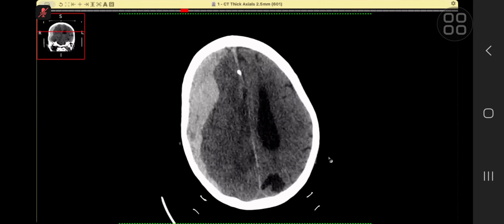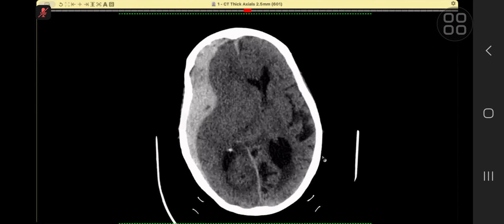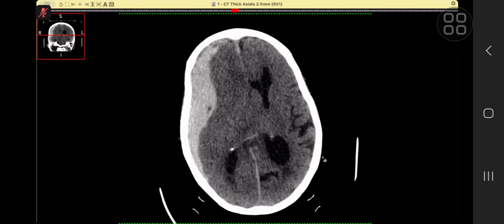This mass lesion is causing loss of the sulci and gyri on the right cerebral hemisphere, representing edematous changes, associated with severe shift of the midline structure to the left side and severe compression of the right lateral ventricle. Because of this appearance, this is an urgent case, and I will urgently pick up my phone and convey my findings to the referring doctor.